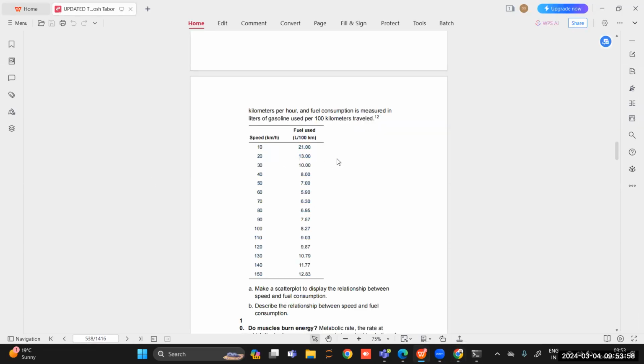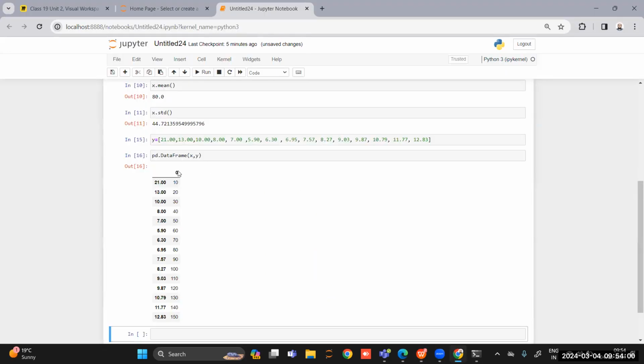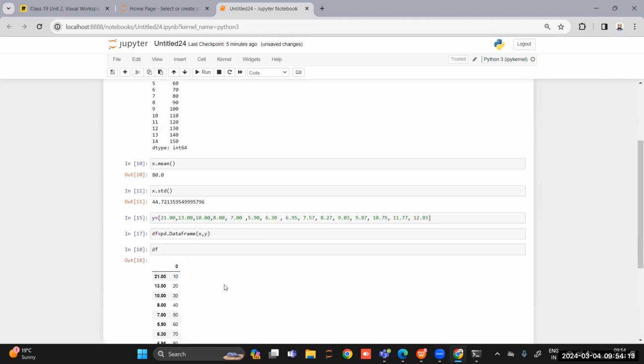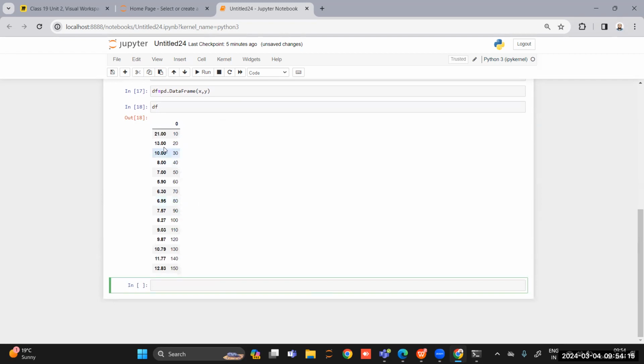I have loaded this table here. Yes or no? I'll load this as df, the data frame. See, when I say df, the same thing is here. Yes or no? Okay, so now calculate the correlation.